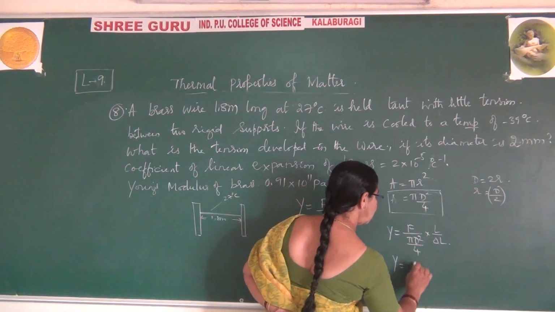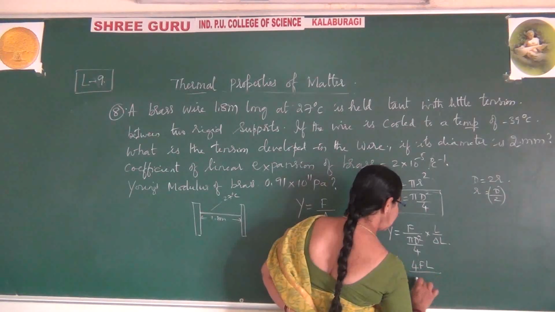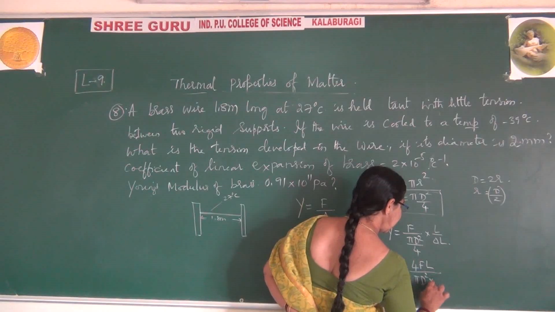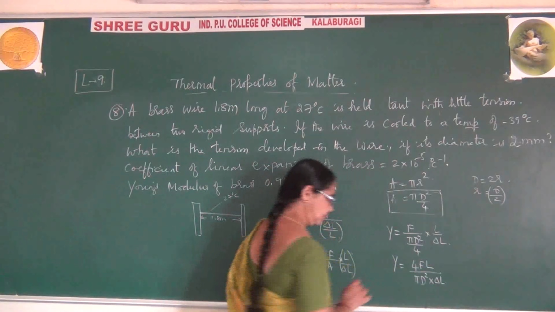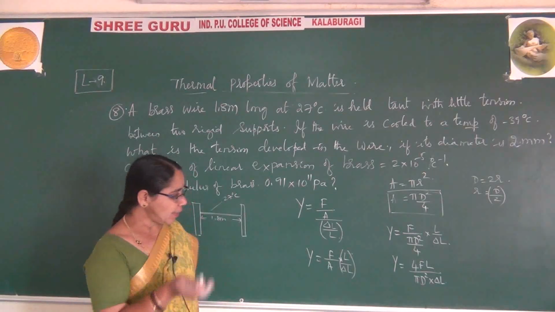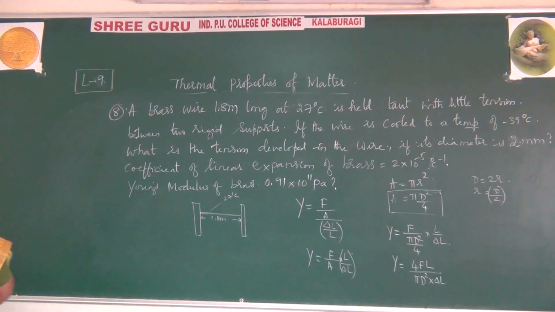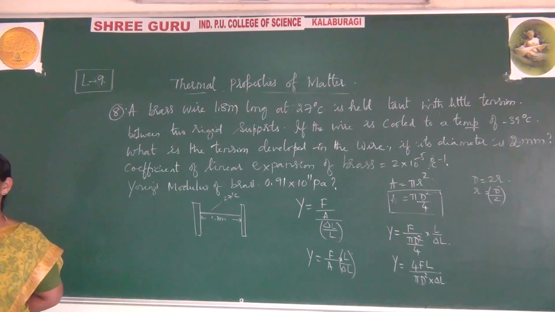So, Y is equal to 4FL divided by pi d square into delta L. Hope you understood how I have written this formula and taken that 4 to the numerator.